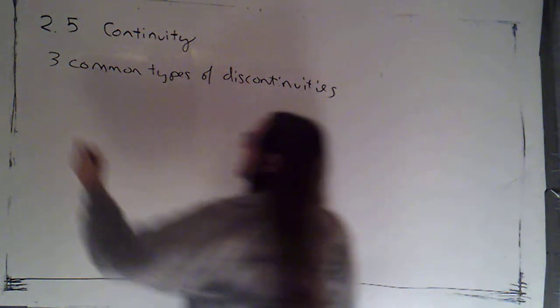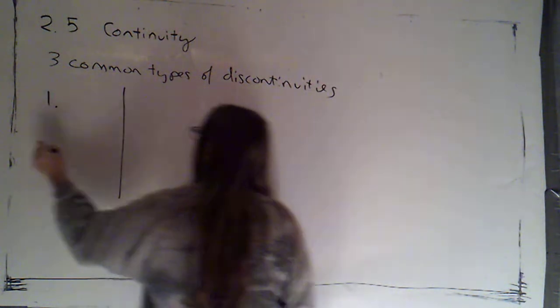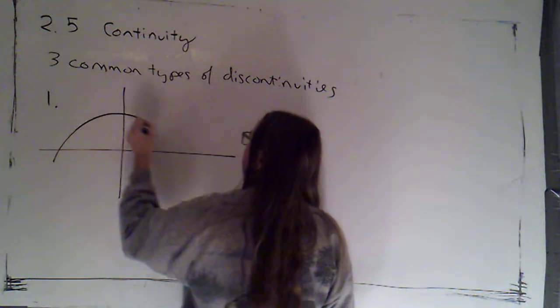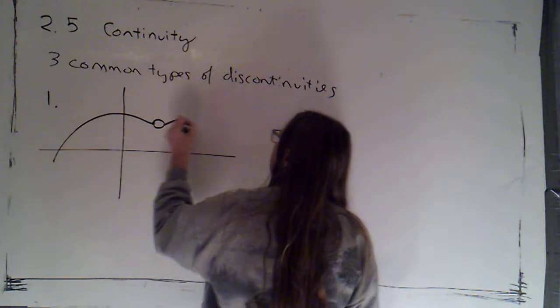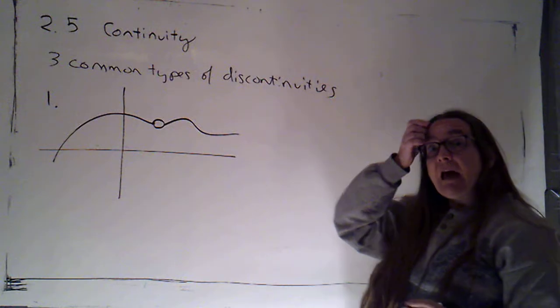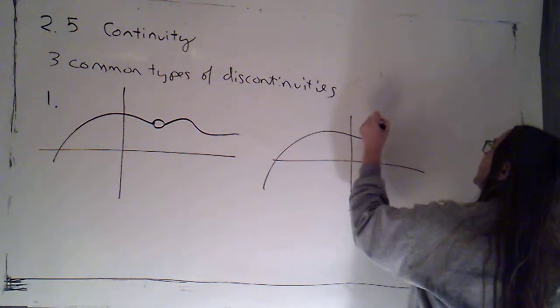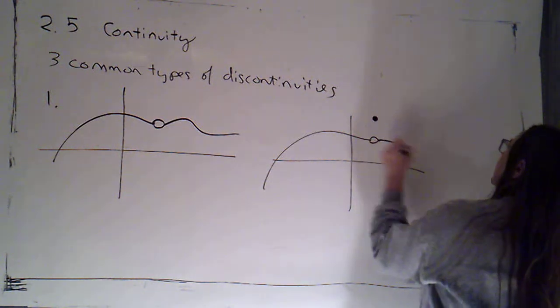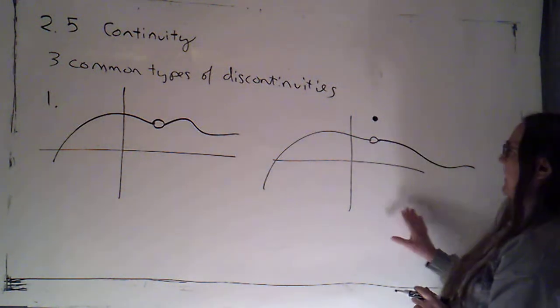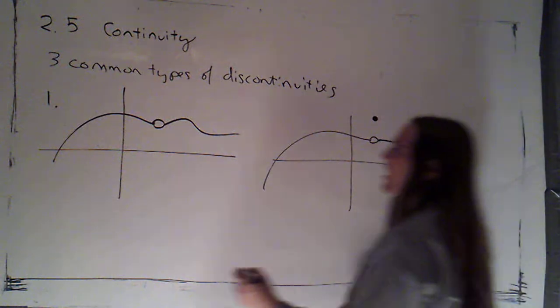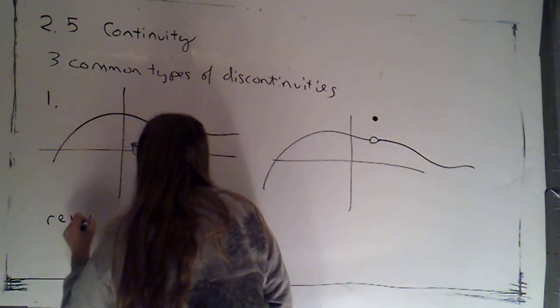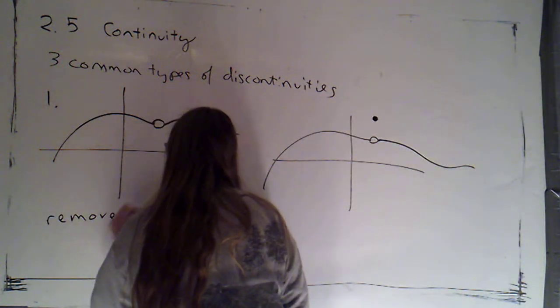Okay. So the first, I'm going to start by just illustrating it. Could be something like so, or could be something like so. Both of these are examples of what we call a removable discontinuity.